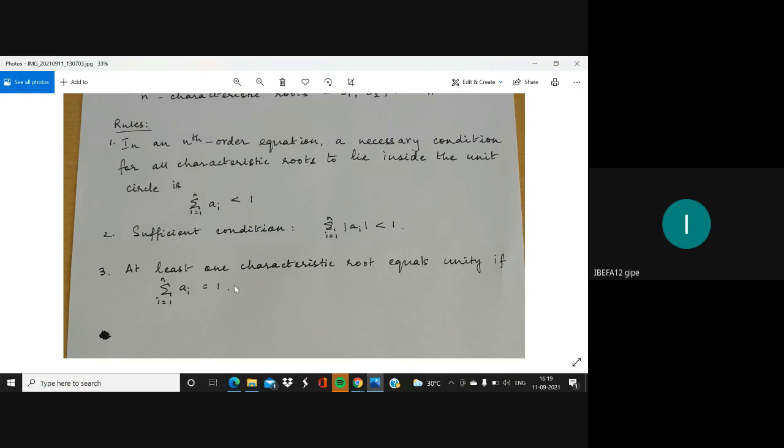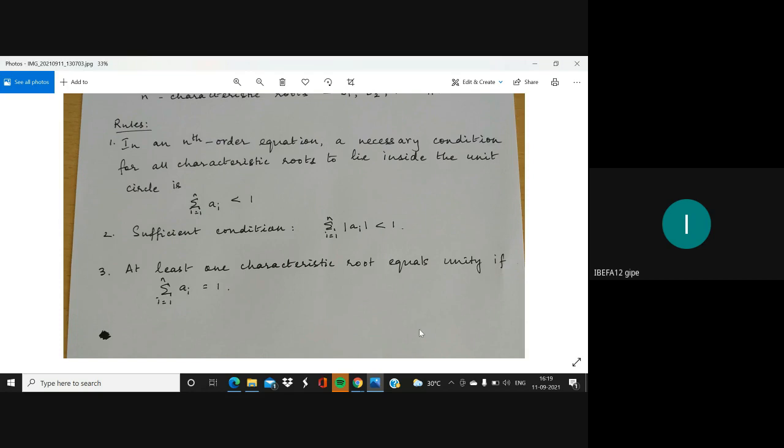So if you are given a difference equation and you find that the autoregressive coefficients are adding up to unity, then you can be sure that at least one of the characteristic roots is equal to 1, or unity. Such a process is called a unit root process.